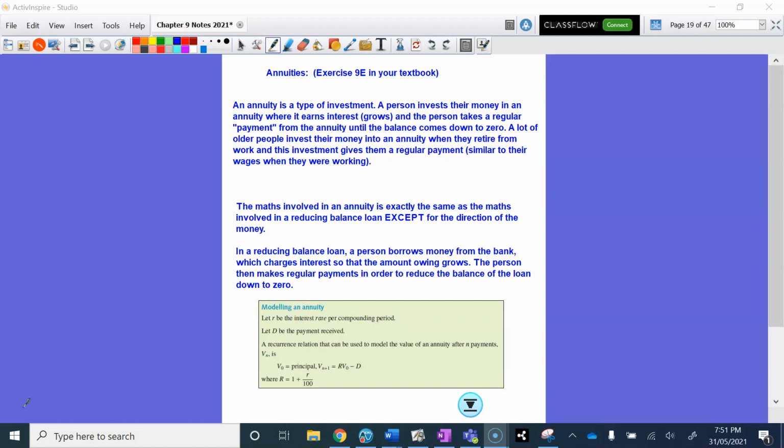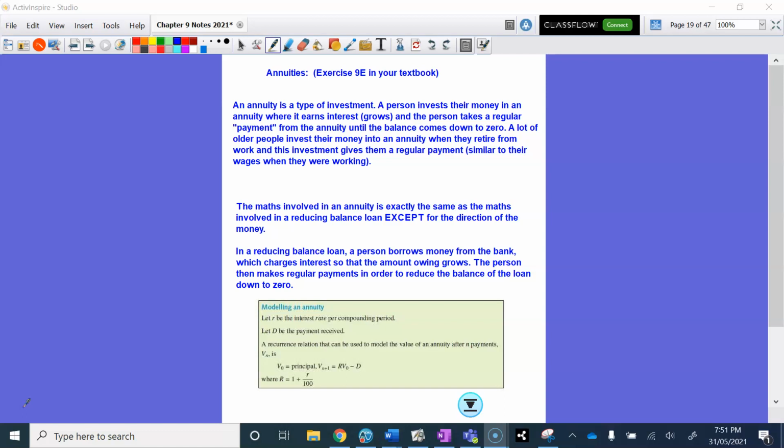So in the annuity, it's just the opposite direction. It's the person putting their money in the bank rather than borrowing, and then the bank paying them a little payment every month or every quarter, instead of the person paying back the bank. The idea in both of these situations is to reduce the eventual balance down to zero.